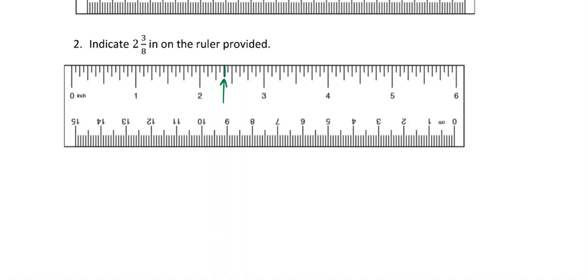Now again, you could count them. That wouldn't be too bad, just counting those 3 ticks. But the way I would do it mentally is, you start getting good at realizing that the 8ths go 3/8 on this side of a half, and 5/8 on the other side of a half.